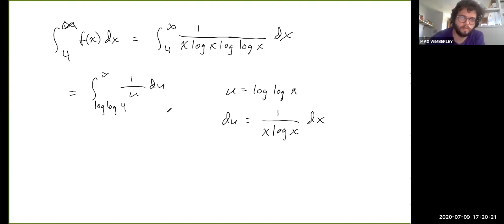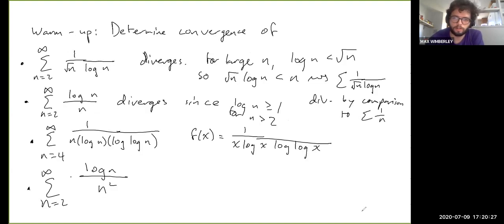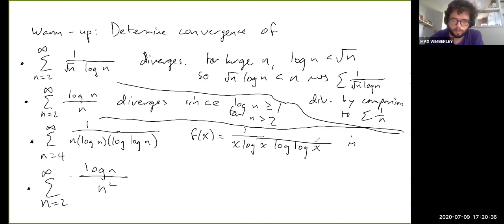Not that it matters, because this is just infinity. So the series should diverge. Getting a little disorganized. So the integral test tells us that the series diverges.